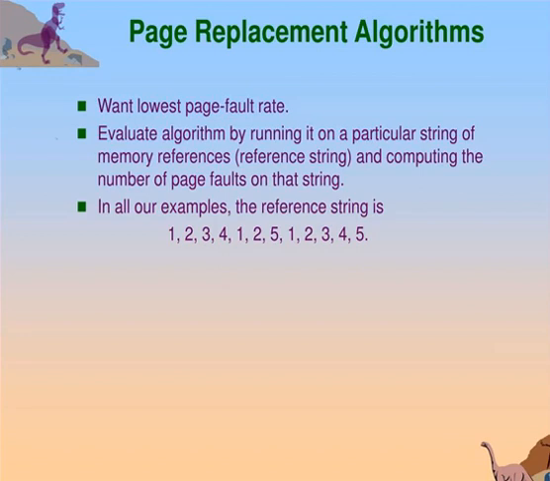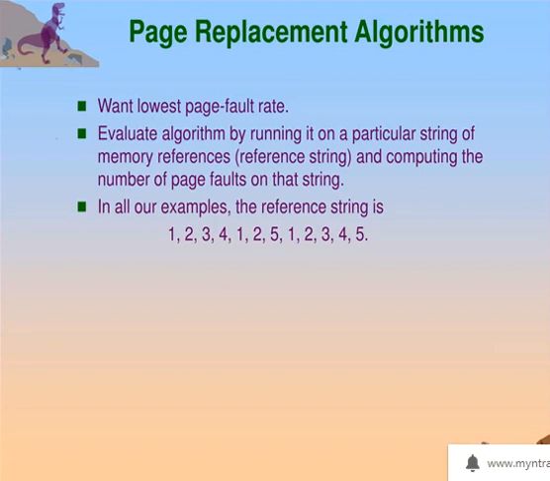First, for a given page size, and the page size is generally fixed by the hardware or system, we need to consider only the page number rather than the entire address. Second, if we have a reference to a page P, then any immediately following references to page P will never cause a page fault. Page P will be in memory after the first reference. The immediately following references will not fault.